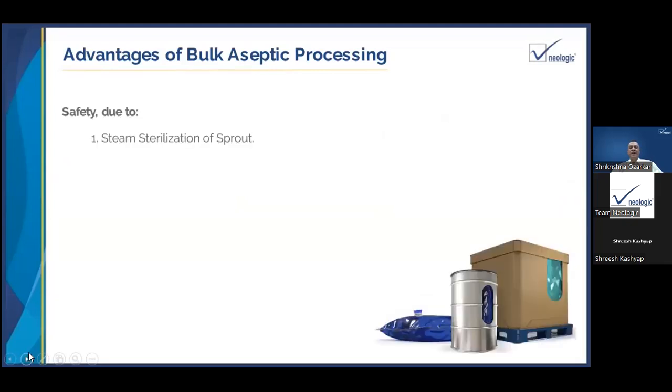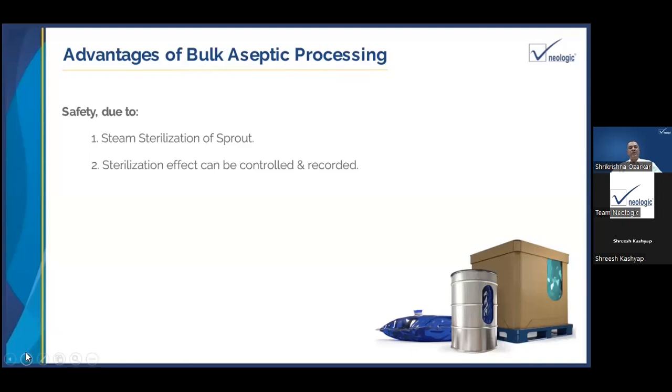Some of the advantages of aseptic processing, mainly safety, because we have steam sterilization of the spout. The spout which you see on the bag is completely sterilized. The bag is sterilized with gamma rays. The product is sterilized with the sterilization cycle. So everything is sterilized. Sterilization effect can be controlled and recorded.